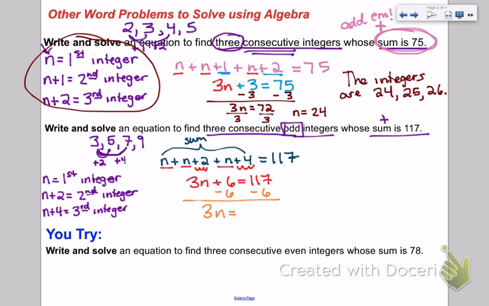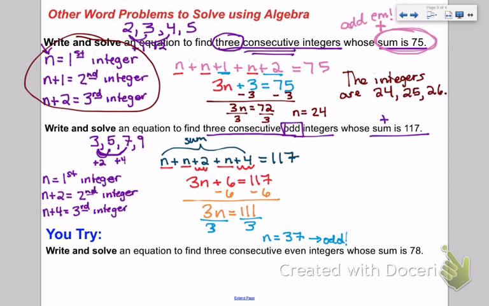I'm left with 3n equals 117 minus 6, which is 111. Then, because 3 is being multiplied by n, I'm going to divide by 3. And I get n equals 37. And that's nice because that is odd, which is exactly what we wanted.